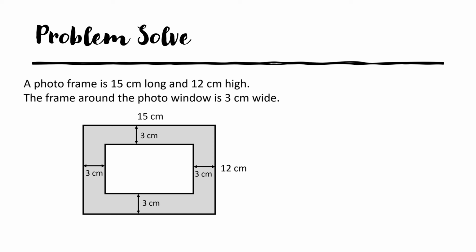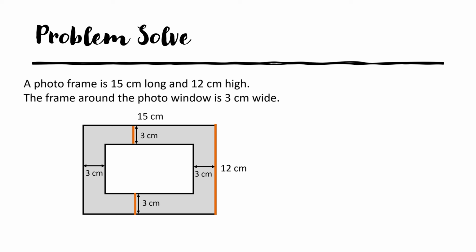Let's have a look at finding the perimeter of the height of my photo to begin with. So to do this, I'm going to use my 12 centimetre side. I'm going to use these two lines here, which show me the height of my photo window.